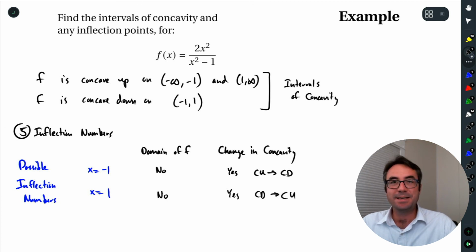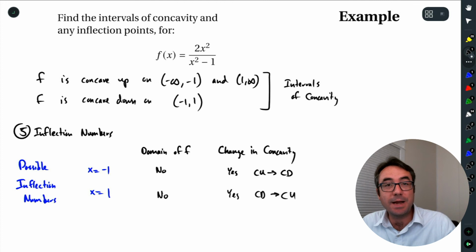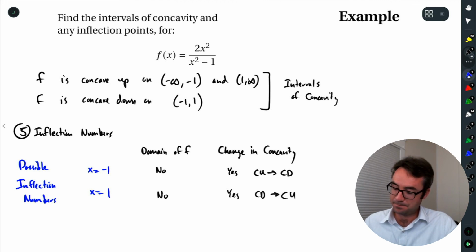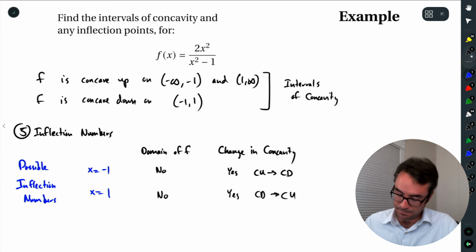So this example might be a little tricky. Yeah, we're seeing a change in concavity, but those x values aren't actually in the domain of our function. So we actually do not have any inflection points. So these are not inflection numbers.